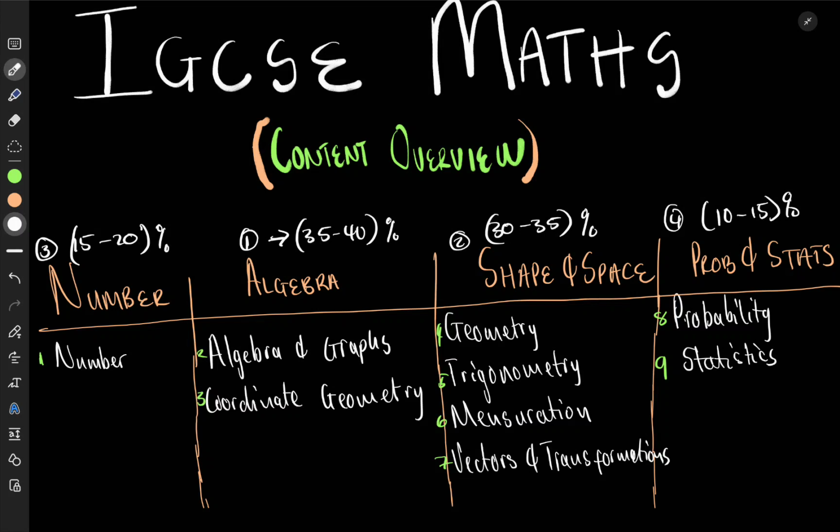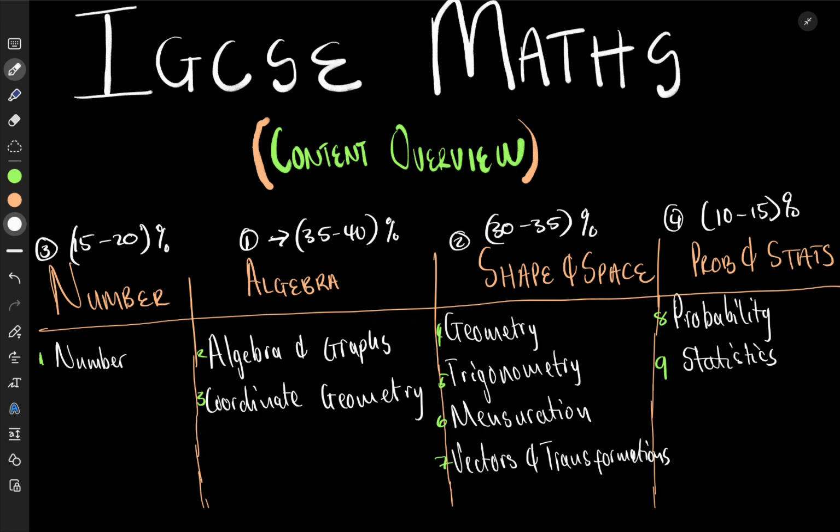So just look: 35 to 40 is algebra. 30 to 35 is shape and space. 15 to 20 is number. Then 10 to 15 is probability and statistics. Great. So you can see that algebra has the biggest percentage contribution to your final exam.